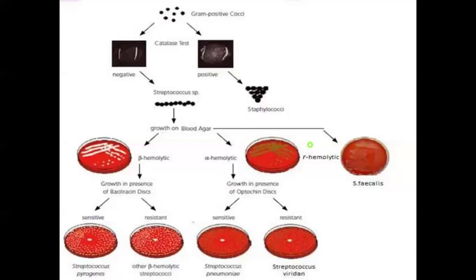It's usually green. There are two types of bacteria that will be alpha-hemolytic: pneumoniae and viridans. After that, we do the optochin test. If optochin sensitive, it is Strep pneumoniae. Optochin resistant, Strep viridans. And then for gamma, basically there is no hemolysis.